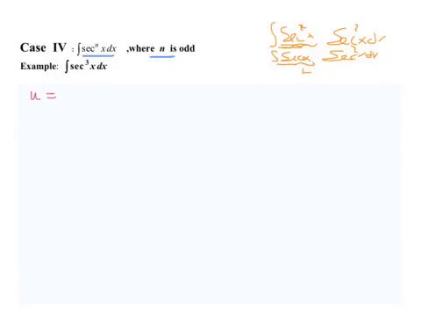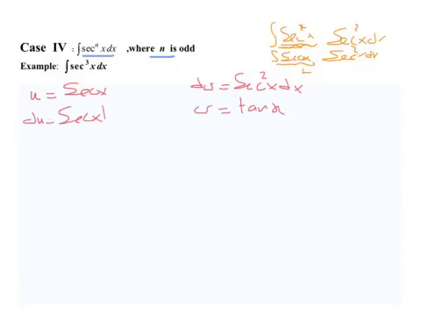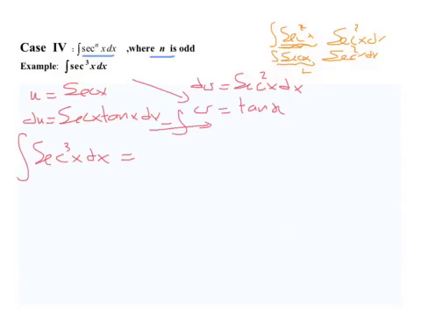So you take u as secant x and dv as secant square, because it is easy to integrate secant square. v is tan x, and du is secant x tan x dx. And then integration by parts. Let's say secant cube x, which is u dv, is equal to uv minus integration of v du.